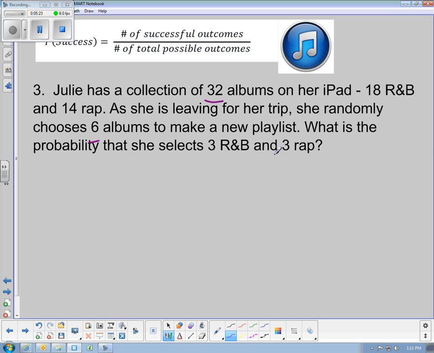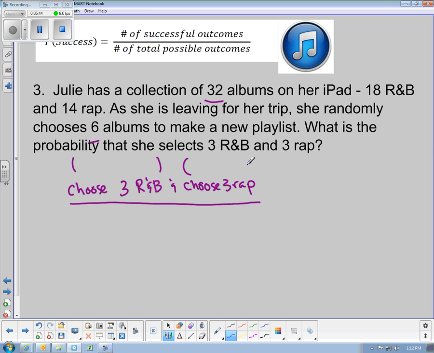Okay, so now we have to consider what we want. What's the goal? She wants to choose 3 R&B and choose 3 rap. So with those two on the top, that's 2 different things. This is going to be one thing. This is going to be another thing.